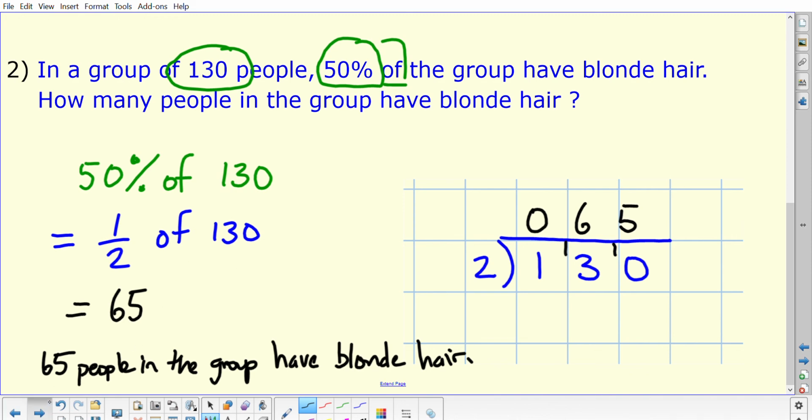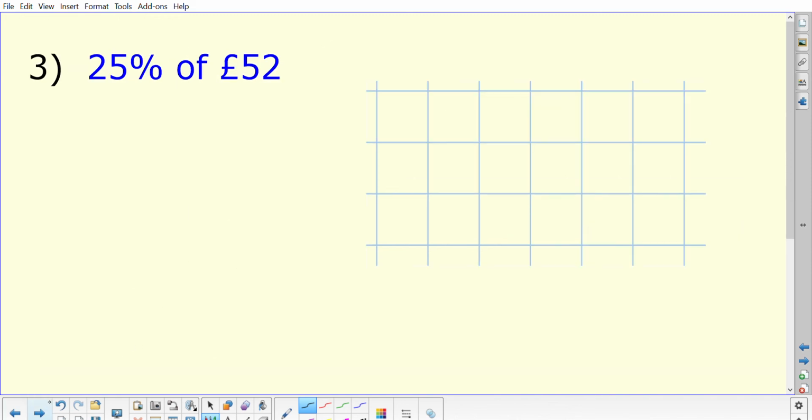So in this example here, we're now at 25%. We've seen that 25% is the same thing as a quarter. So what I would want to see is that you've written out the percentage of. On the next line, you're going to copy 1/4 of £52. Now, to find a quarter of something, we're going to be dividing by 4.